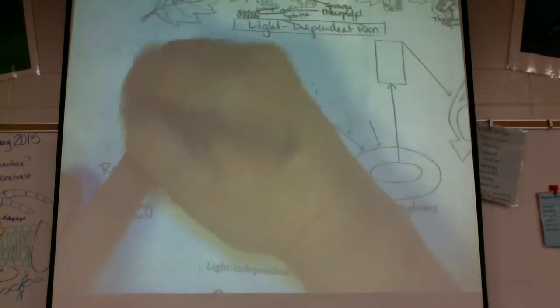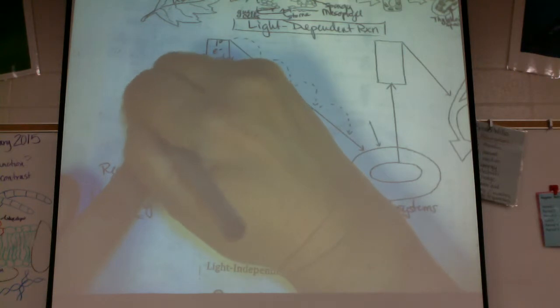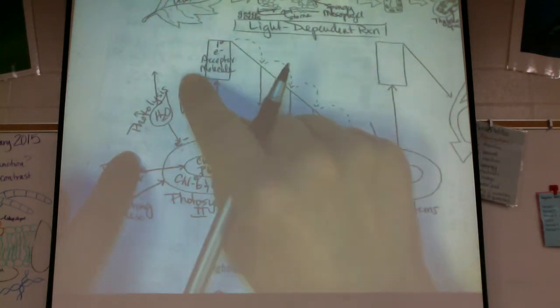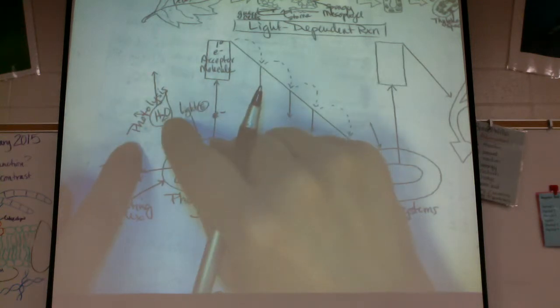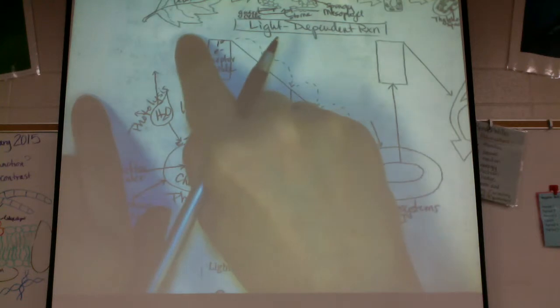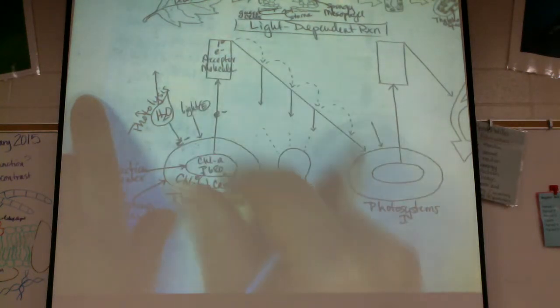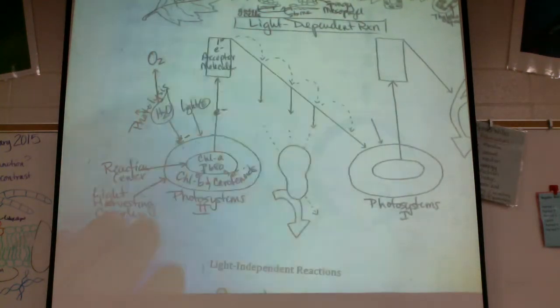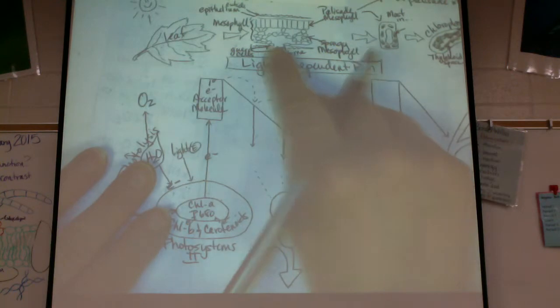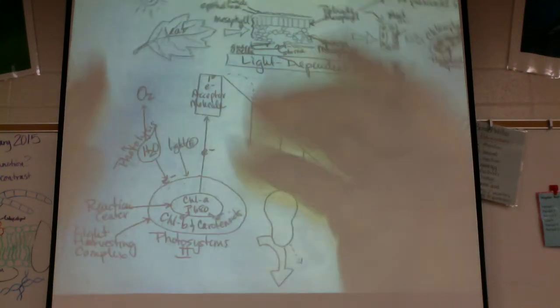Because light is involved, we call that photolysis. So photolysis, breaking water with light, okay? When you do that, that's going to split off. When you strip those electrons, you're going to get some oxygen out of that process, which the plant can use for aerobic cellular respiration, and thank goodness a lot of it goes out through the spongy mesophyll, out the stoma, and we get to breathe it.